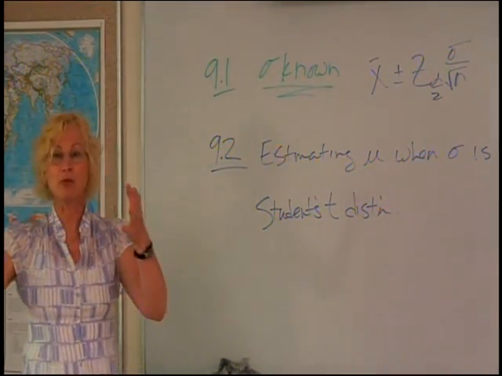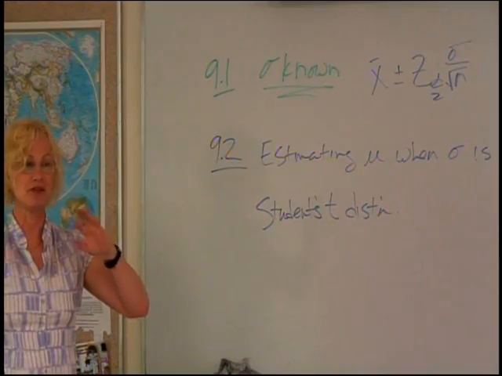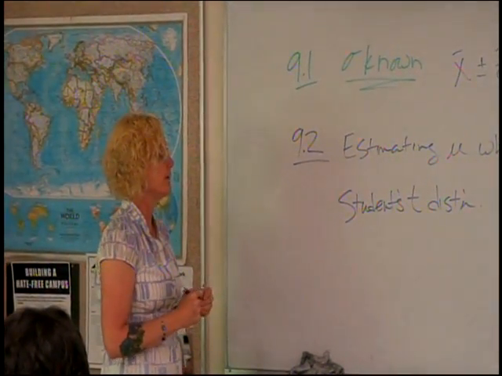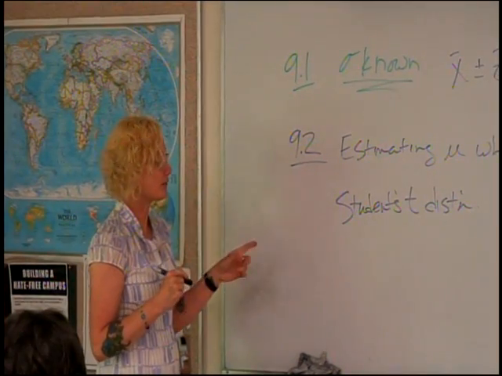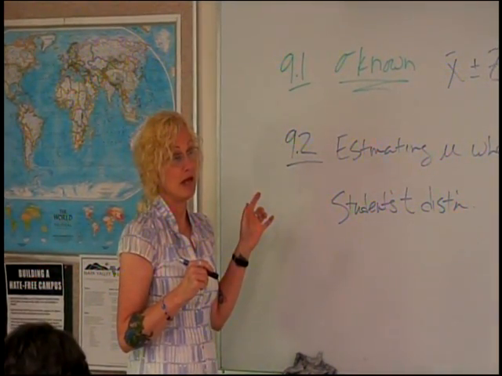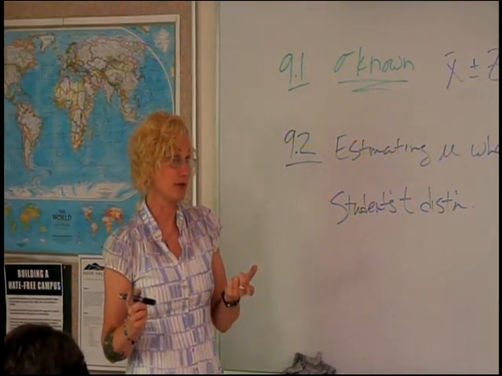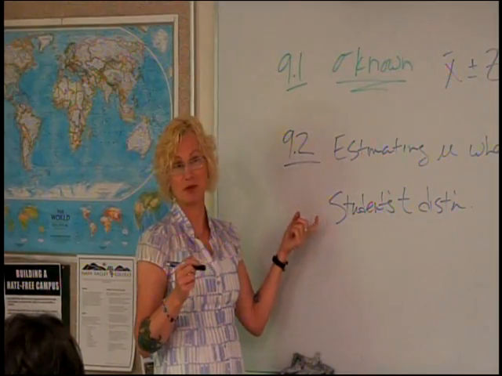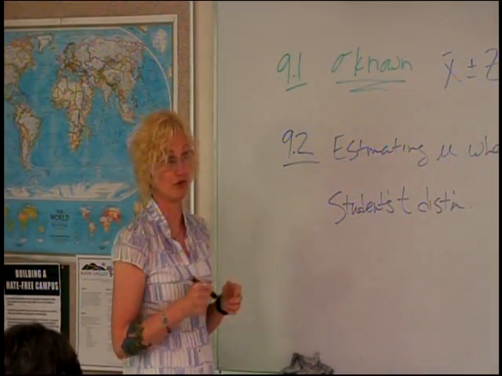They sent him to Cambridge to study statistics, and that was his whole life's work. In the process, he made a lot of really cool discoveries, but Guinness wouldn't allow him to publish. So he published under the pseudonym Student. That's why it's called the student's t distribution.